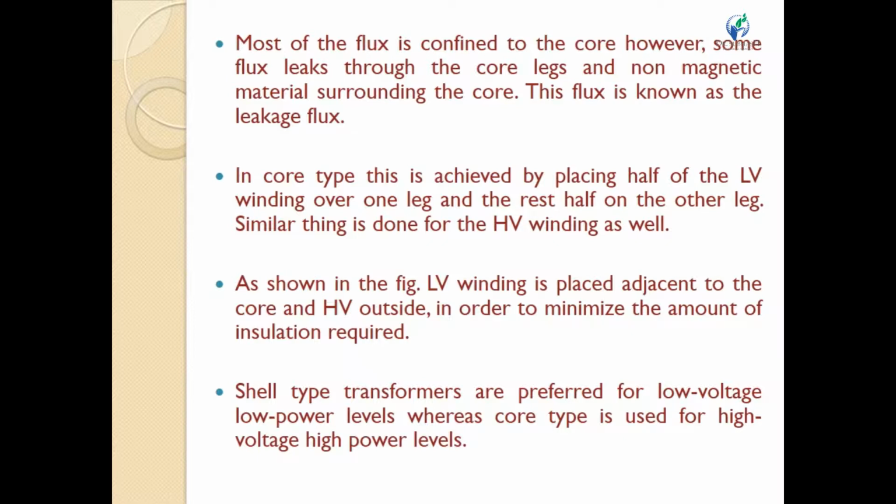The central limb carries the total mutual flux, while the side limbs, forming the parts of a parallel magnetic circuit, carry half of the total flux. Consequently, the cross-sectional area and hence the width of the central limb is twice that of each of the side limbs. The sandwich type winding is used, with the primary winding and secondary winding placed in alternate sections.